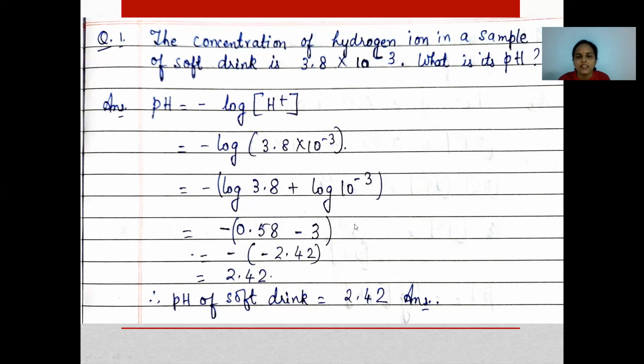So plus of minus is minus and log 10 value is 1. So we get minus, when you look into the log table, the value of 3.8 comes out to be 0.58, minus 3 log 10. So log 10 value is 1.